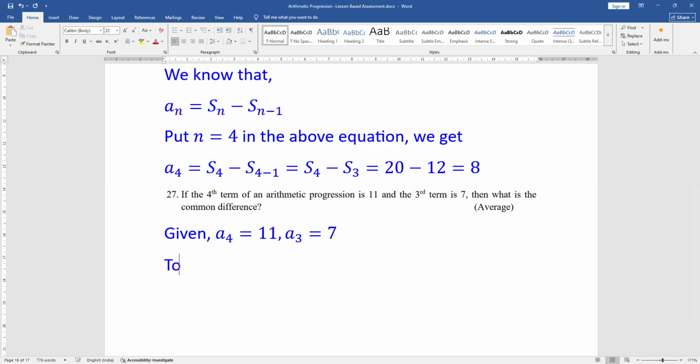Now, to find: what we need to find out? We need to find out D, the common difference. We know that the common difference D is nothing but the fourth term minus the third term. We can use that formula.